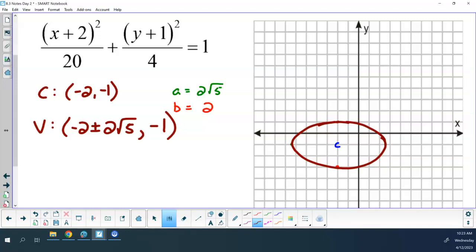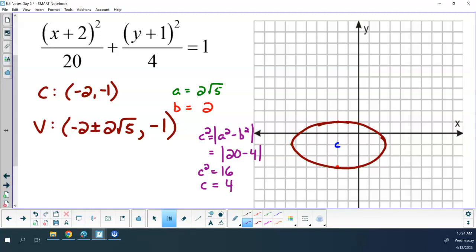Okay. Then I just need my foci. So C squared is A squared minus B squared. So C squared then is going to be 20 minus 4. 20 minus 4 is 16. So C squared is 16. So C is 4.